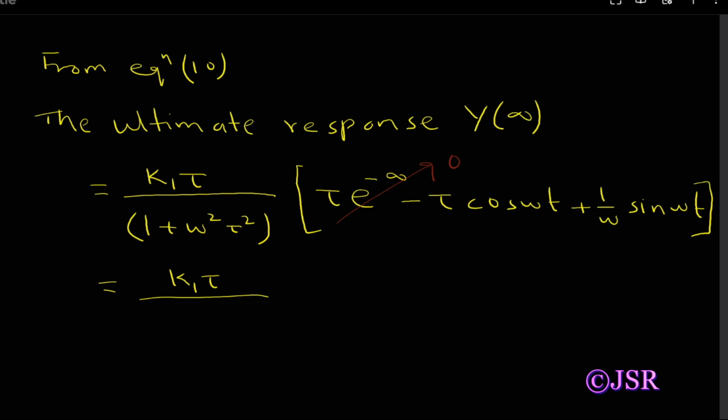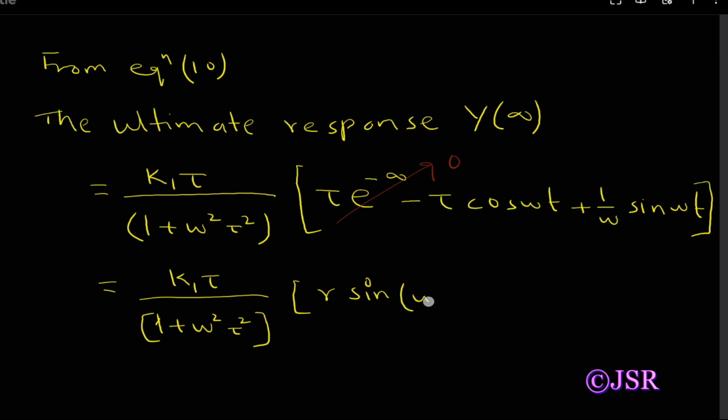So finally we will have k1 tau upon 1 plus omega square tau square, and then this: minus tau cos omega t plus 1 upon omega sin omega t, right?